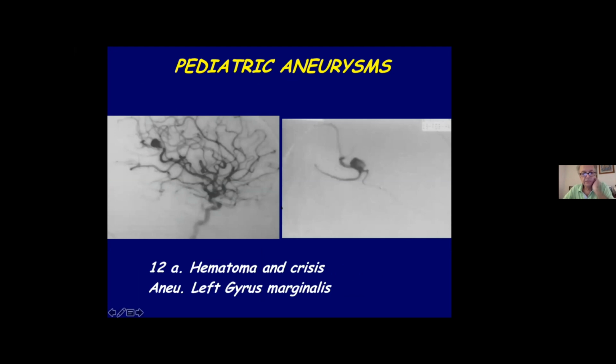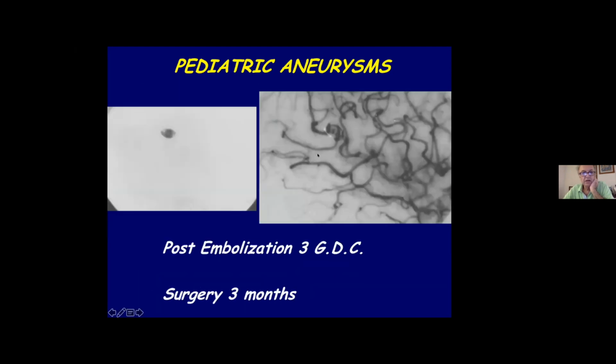Another patient, 12-year-old, hematoma and seizure, aneurysm in the left hemisphere, gyrus marginalis, selective. I'm coiling. This patient is from about 1984, 1985.